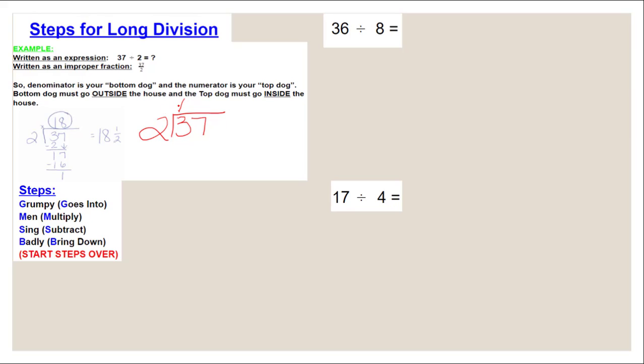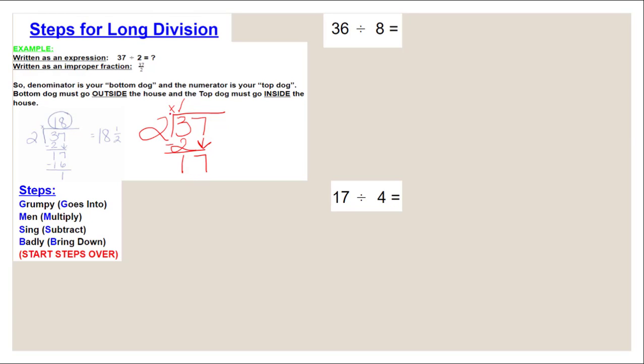M, multiply. 1 times 2 is 2. S, subtract. B, bring down. We bring down our 7. Okay, now we're going to start our steps over.